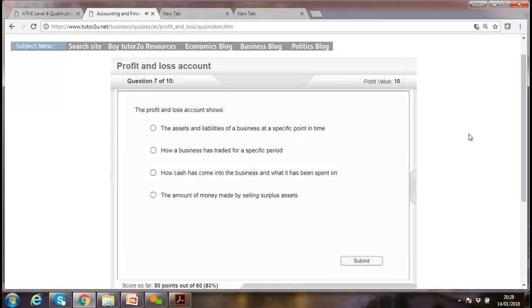The profit and loss account shows what? It does not show assets and liabilities. That's part of the balance sheet. How the business has traded in a specific period. The cash the business has, or the amount of money made by selling surplus assets. The profit and loss shows income and expenditures, and the profit, how much we gained, either profit or loss.